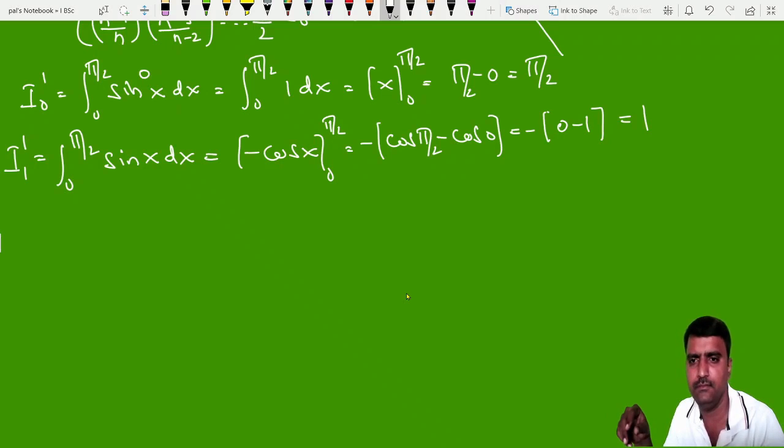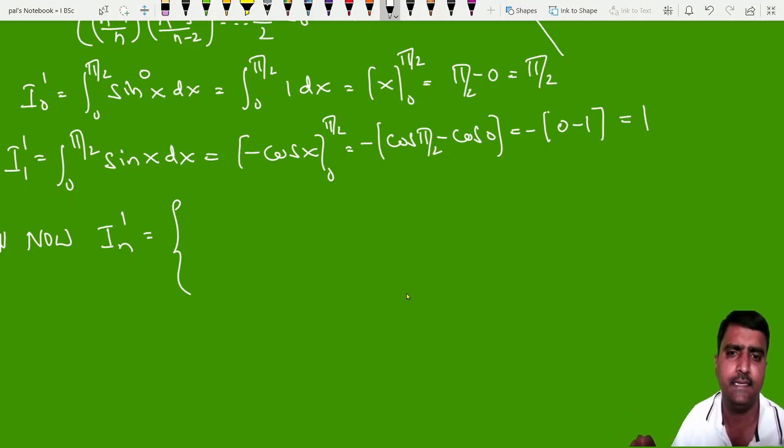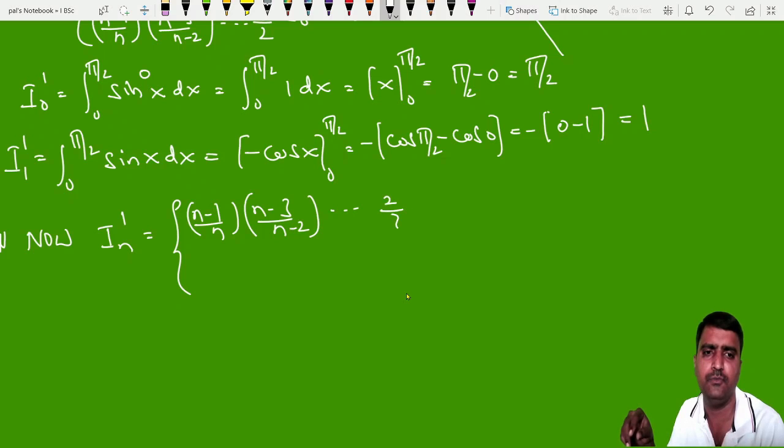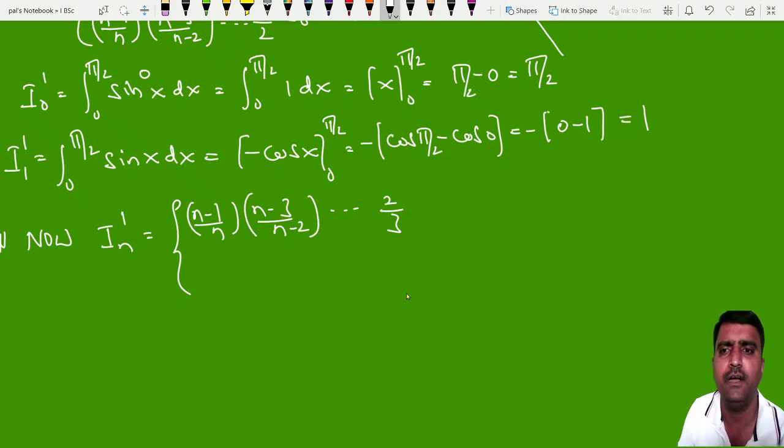Now I n dash is equal to, you can write the result. I n dash is equal to n minus 1 by n into n minus 3 by n minus 2 and so on, 2 by 3 into I1 dash. What is I1 dash?